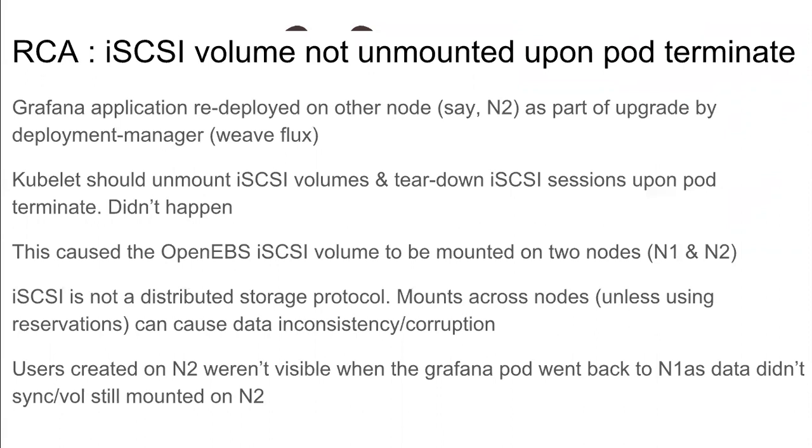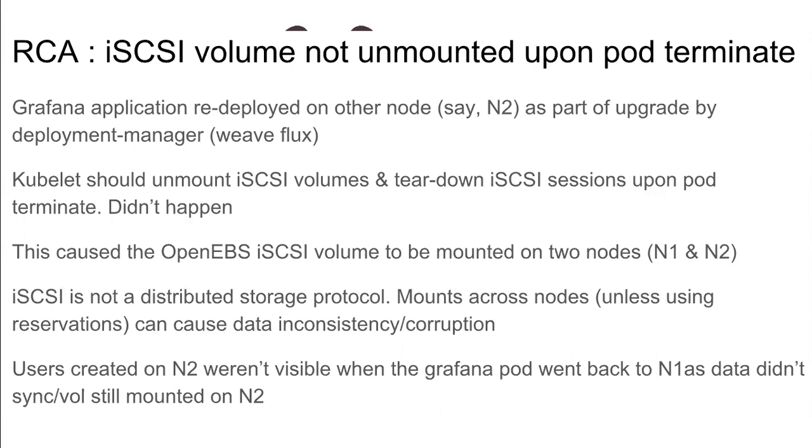When the Grafana pod moved to node 2, we saw that the iSCSI sessions and the mount were still present on node 1. iSCSI, not being a distributed storage protocol, can cause corruption when mounted across nodes without appropriate reservation techniques. And the users that were created on the earlier node were not visible after the redeployment.